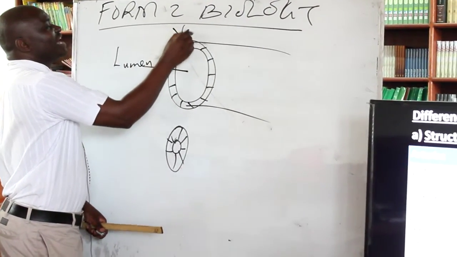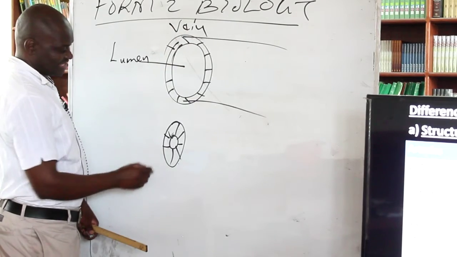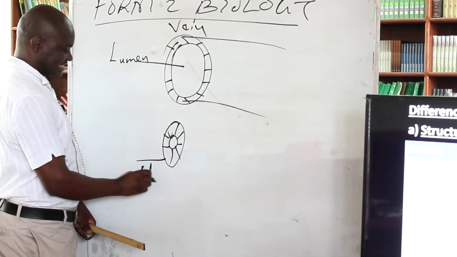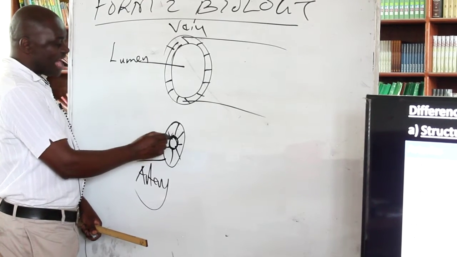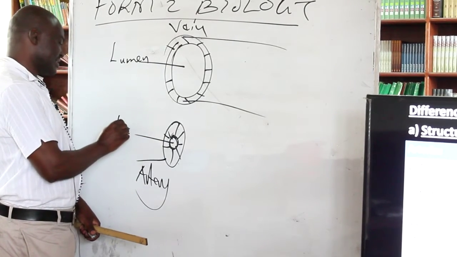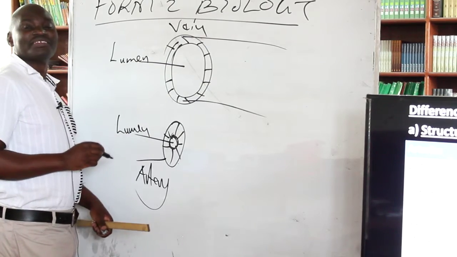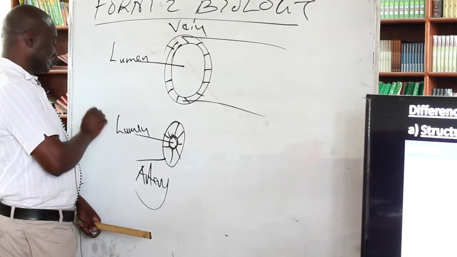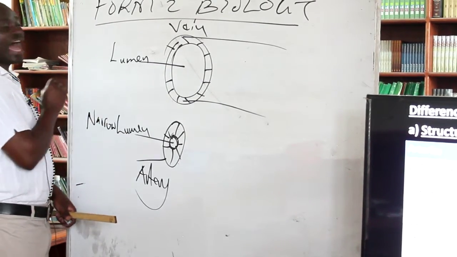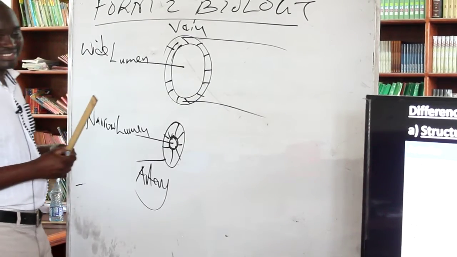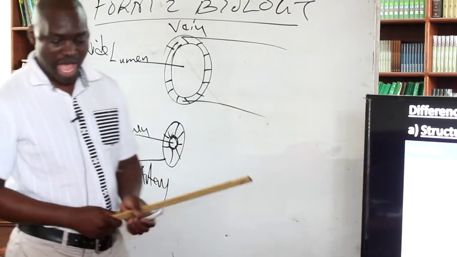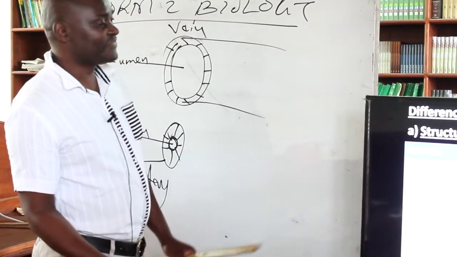So this one is a vein, this one is an artery. Arteries have a narrow lumen. Veins have a wide lumen. So that is also a structural difference.